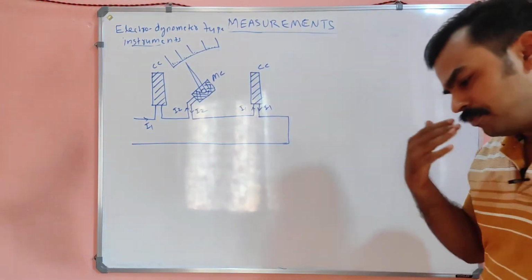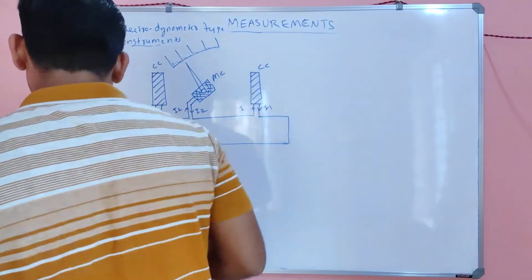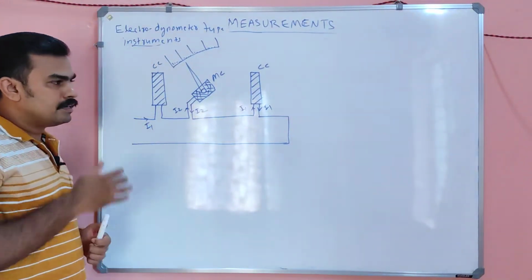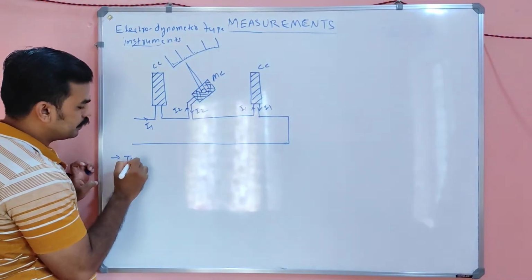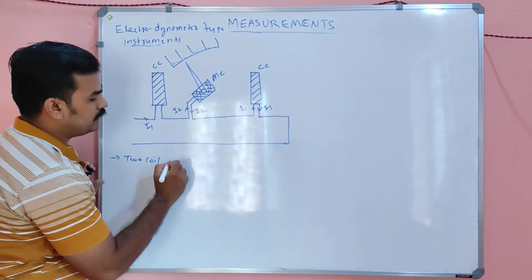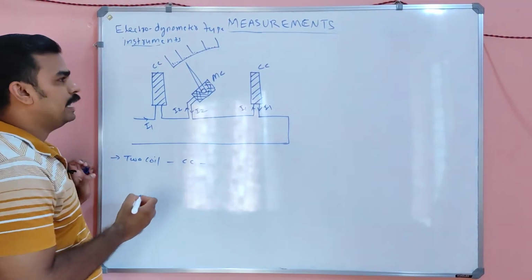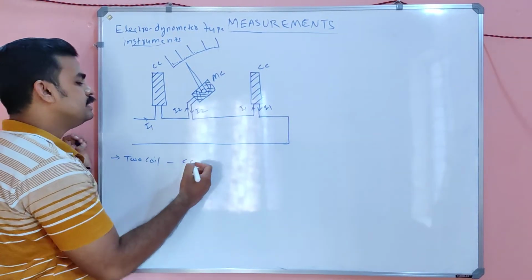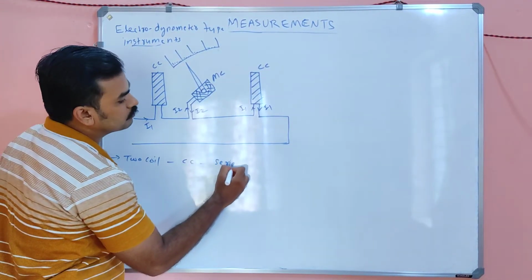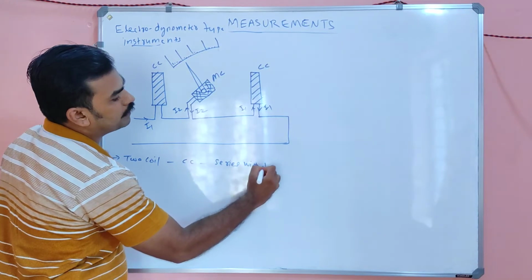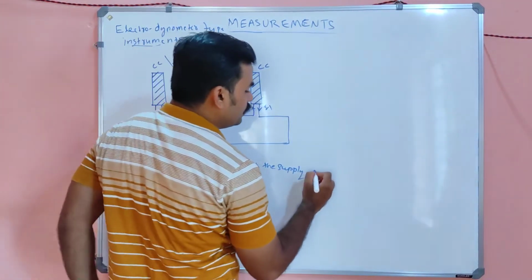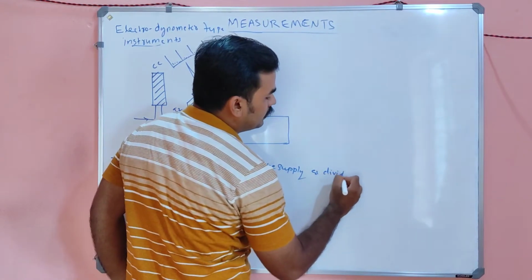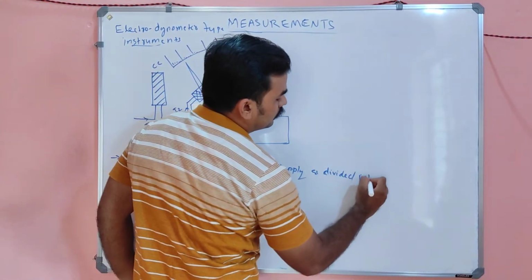It can be used for both AC and DC. I will explain why. And mainly it consists of two coils. One is the current coil, which is connected in series with the load or series with the supply, and divided into two halves.